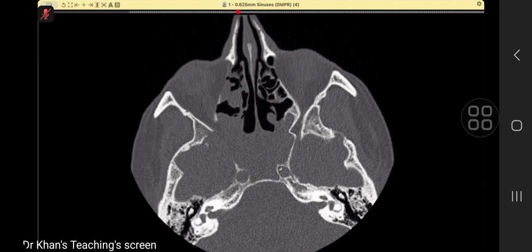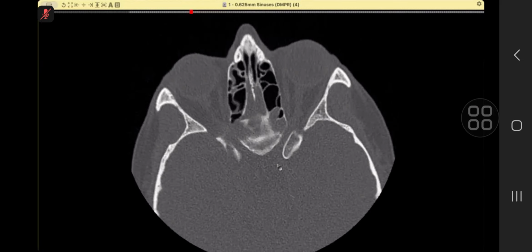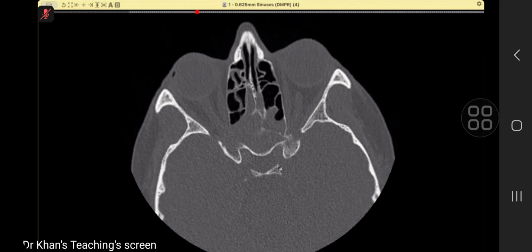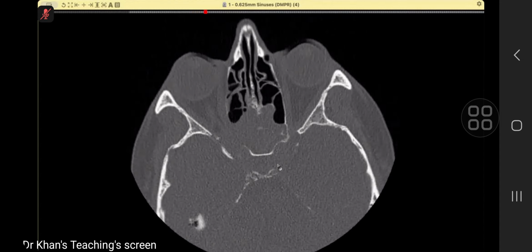However, the medial orbital wall on the right side is thinned out. So, sir, I believe that this is an aggressive lesion, most probably a carcinoma.